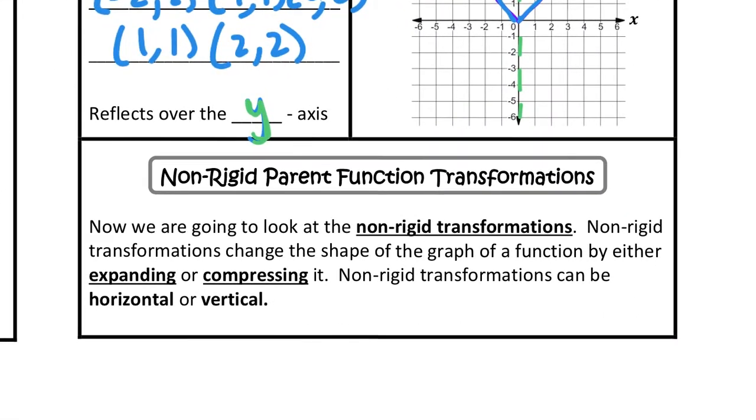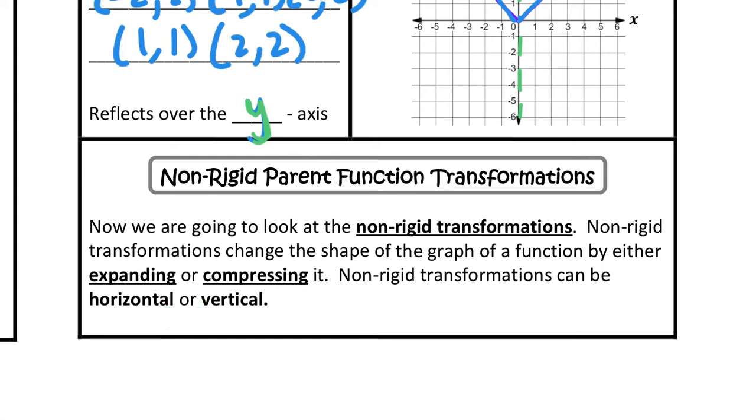the non-rigid transformations. If we're looking at non-rigid transformations, they change the shape of the graph of the function by either expanding or compressing. So, changing the shape by making it spread out or come back in, narrowed in. Non-rigid transformations can be horizontal or vertical.